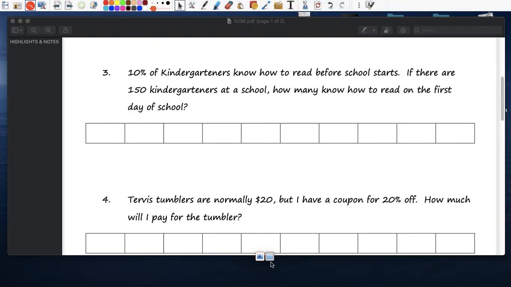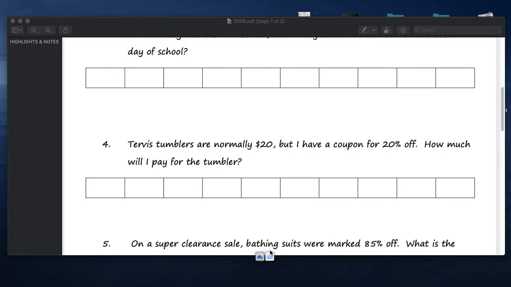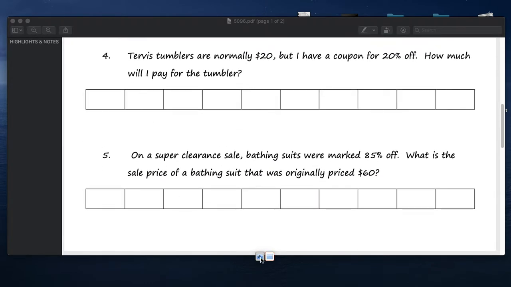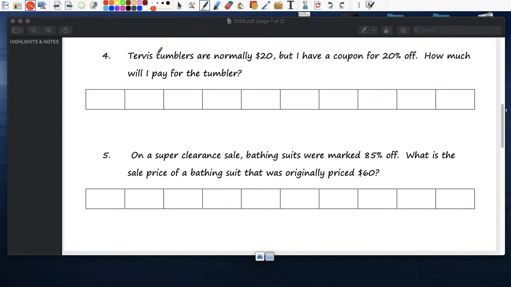Tumblers are normally $20, but I have a coupon for 20% off. How much would I pay for the tumbler? Okay, 20%, 30, 40, 50, 60, 70, 80, 90, 100.